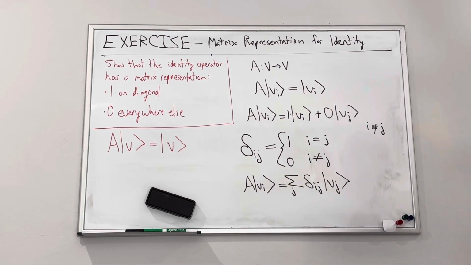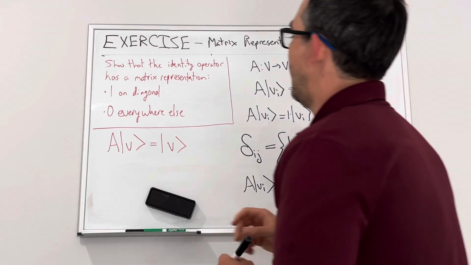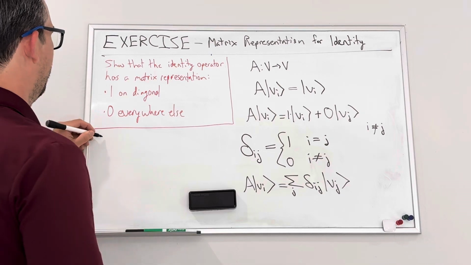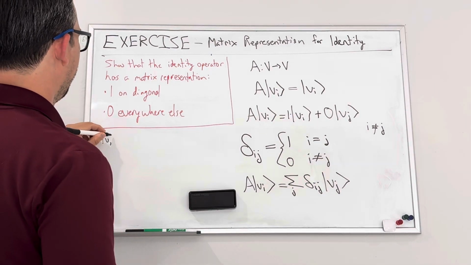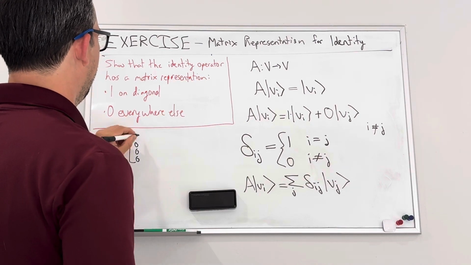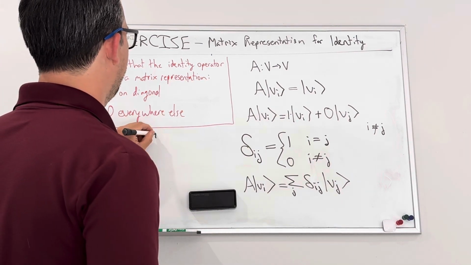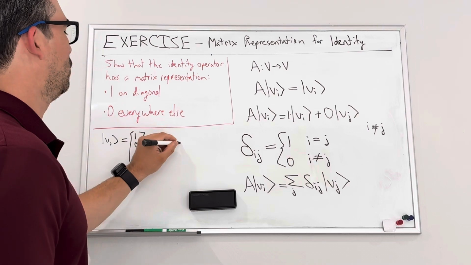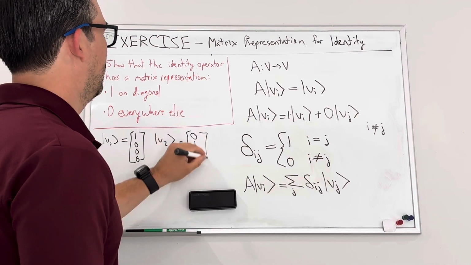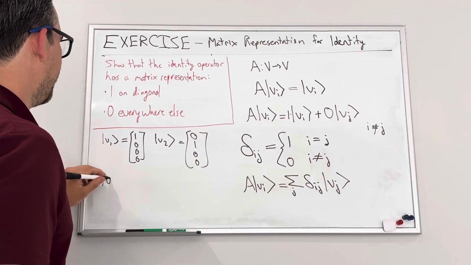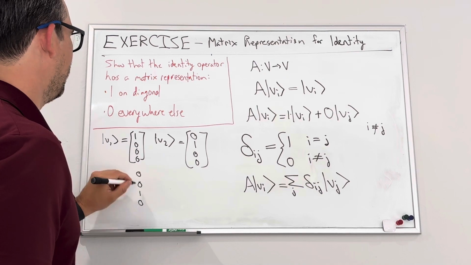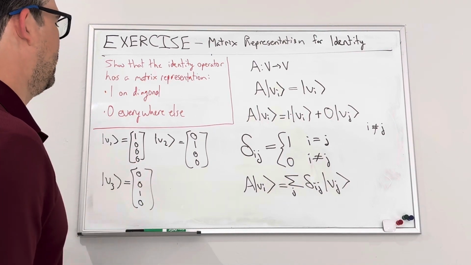And what's nice about this is if I have my V1, so V1 presumably is going to look 1 0 0 0. My V2 will look like 0 1 0 0. My V3 will look like 0 0 1 0. And so on, right?